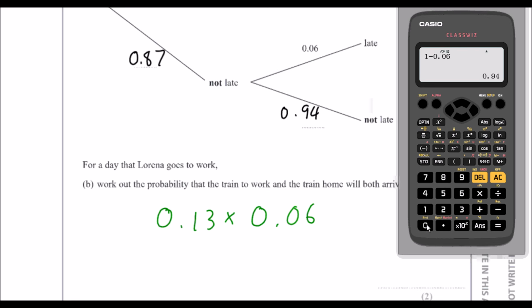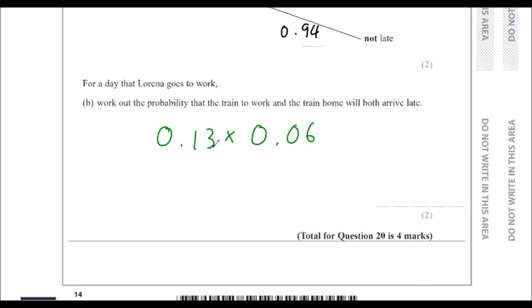So just type it in the calculator and we get 39 over 5,000, or I've got 7.8 times 10 to the power of negative 3. I'll give the fraction 39 over 5,000. With a probability question, we can give an answer as a fraction, a decimal, or a percentage. Either one will give us the marks.